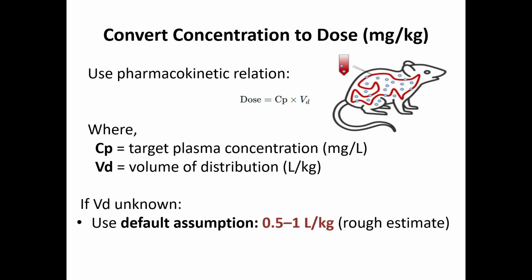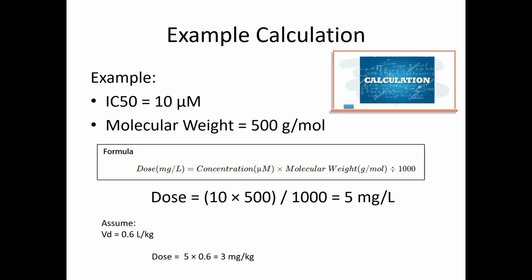If Vd is unknown, use a default assumption of 0.5 to 1 liter per kg, a rough estimate. In between you can take 0.7, 0.6, anything. So we will see an example of how to calculate.